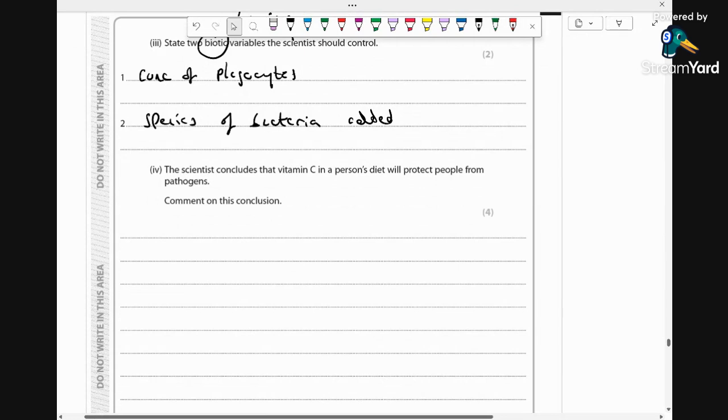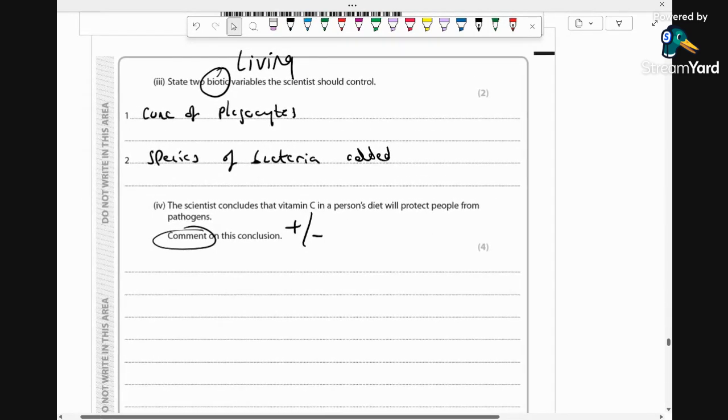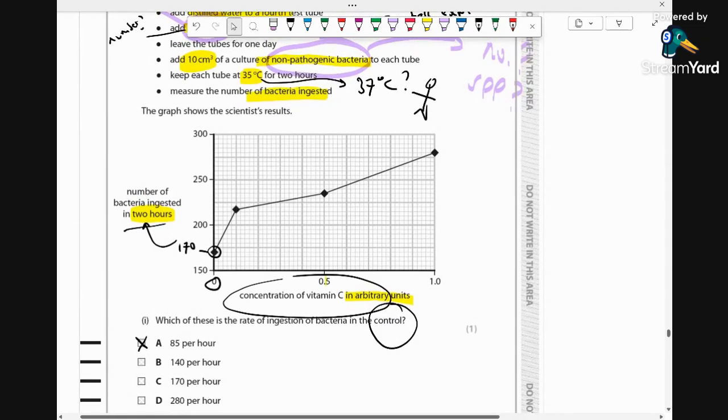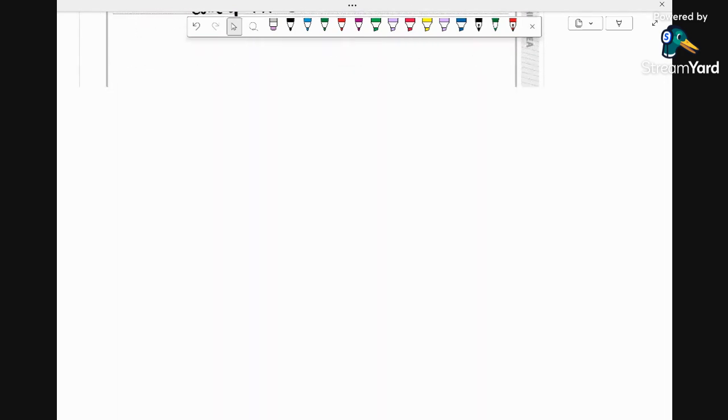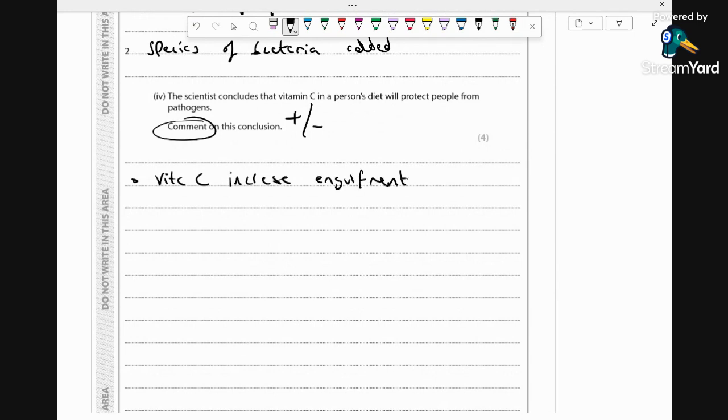Scientist concludes that vitamin C will protect people from pathogens. Comment on the conclusion. So why is it good and why is it bad? Sorry, why is it correct? Why is it not? So vitamin C does protect people from pathogens. It does increase killing, as you can see from the graph. So I'm going to say, well, vitamin C does increase engulfment of pathogens by phagocytes.